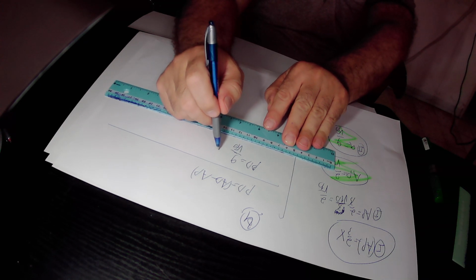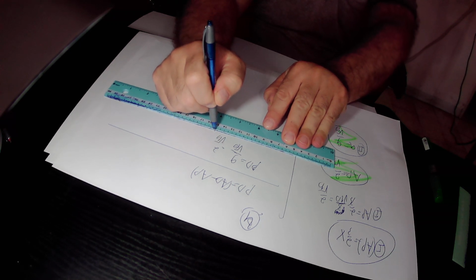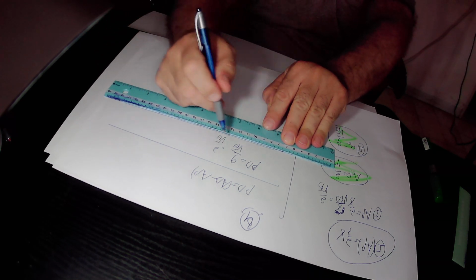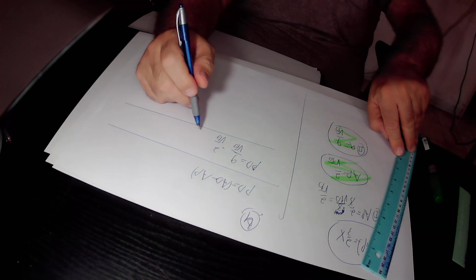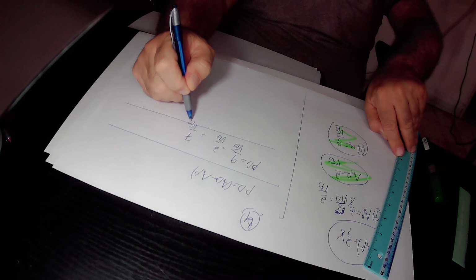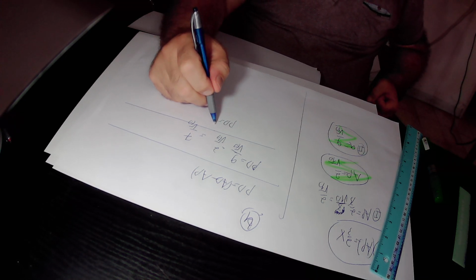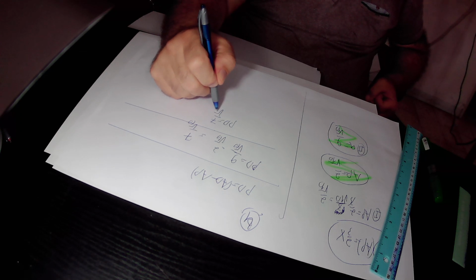AP is 2 over the square root of 10. So in total, PD equals 9 over the square root of 10 minus 2 over the square root of 10, that is actually 7 over the square root of 10. So PD equals 7 over the square root of 10 units in its length.